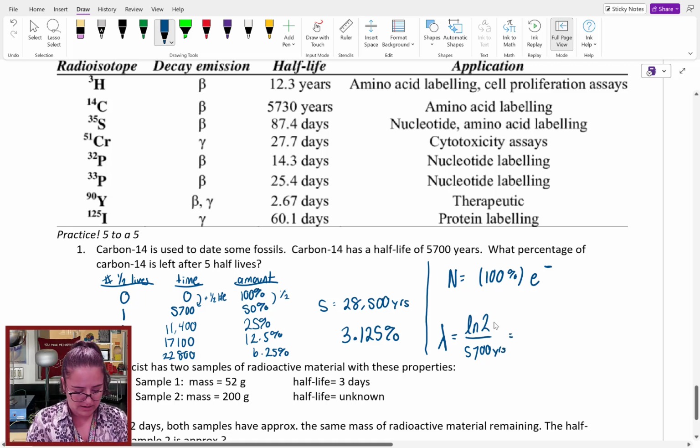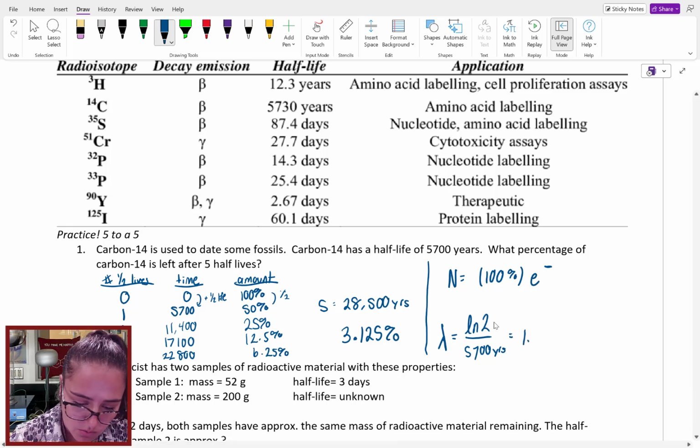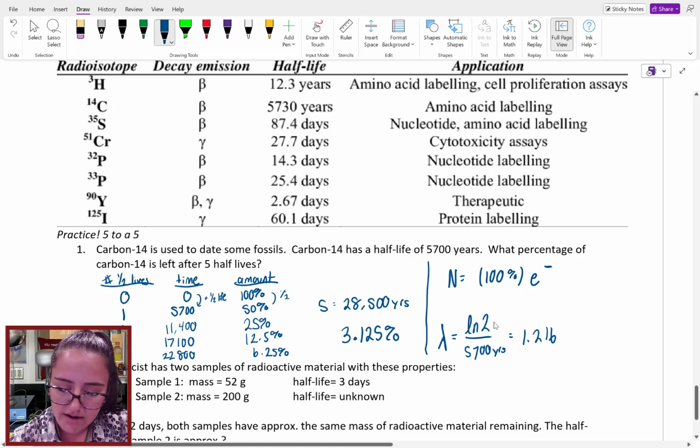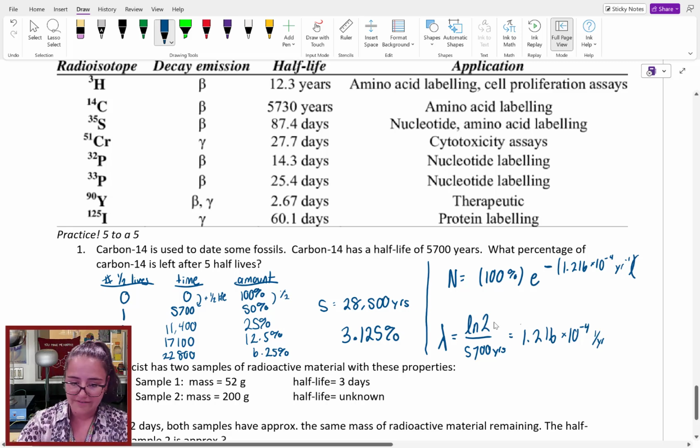That gives me a decay constant of 1.216, carrying some extra digits, times 10 to the negative 4 per year, so inverse years, times the time, 5 half-lives.